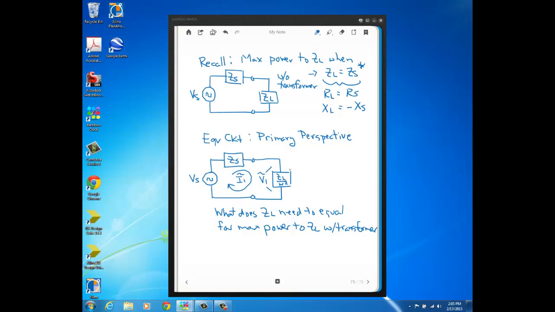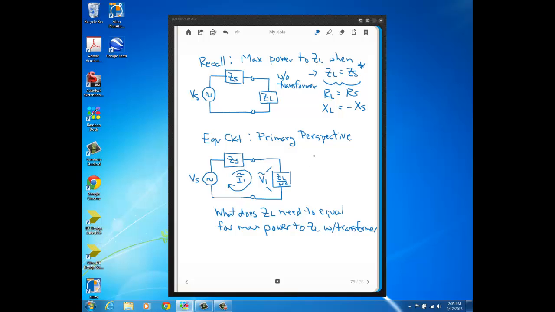So we can use the same reasoning that we came up with to find that maximum power transfer to ZL occurs when ZL is the complex conjugate of ZS without a transformer, and just apply that same method to the case with the transformer. The only difference is that you have this factor of 1 over N squared.